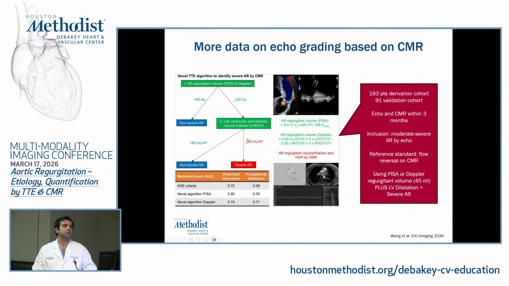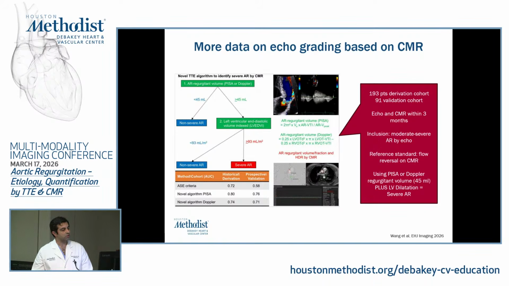Yeah. It could be, and I think, personally, this number is also modifiable by the chronicity of AR. It could also be modifiable by the age of the patient. We know older patients don't dilate as much. So I don't think this is a holy grail number to go by, but it's a nice indication to use.